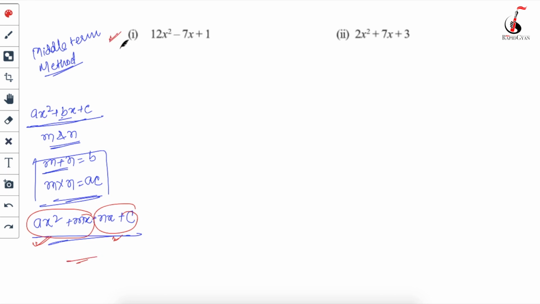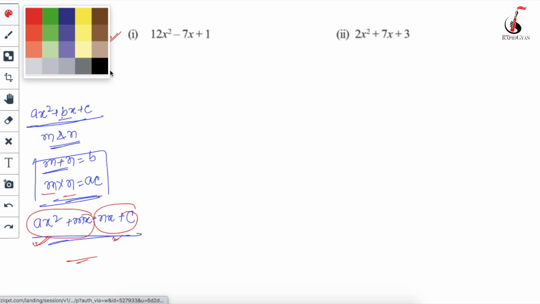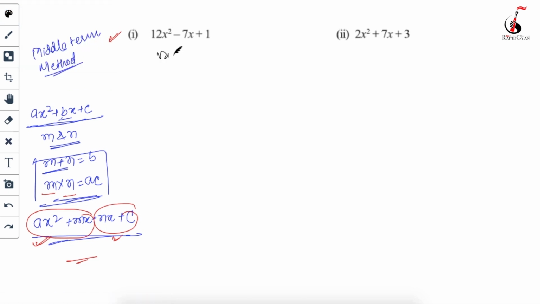So see here, you have to find the values of m and n such that m multiplied by n is equal to 12 times 1, which is 12, that is a times c.